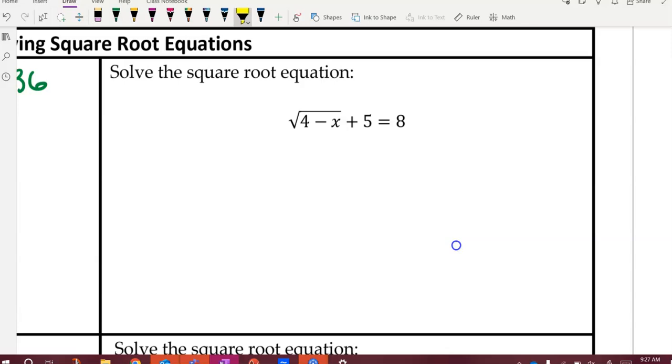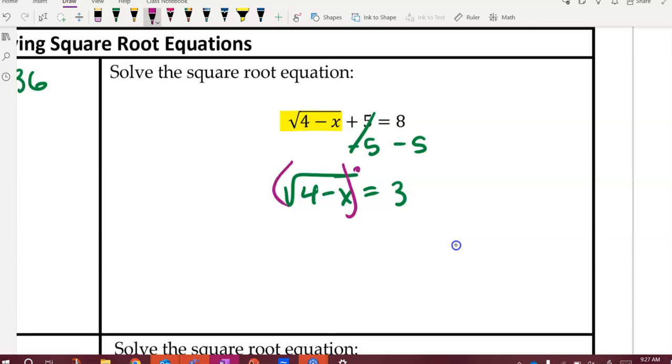Next one, here we definitely need to isolate that radical. It's not by itself on the left, so we need to subtract 5 over. Now, the radical is all by itself on the left side, so we need to square both sides, cancel it out.